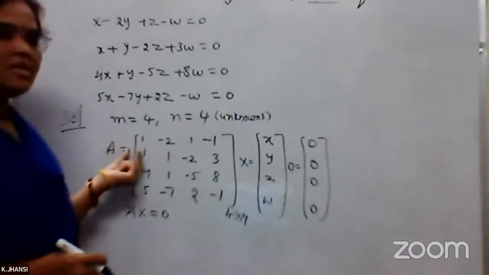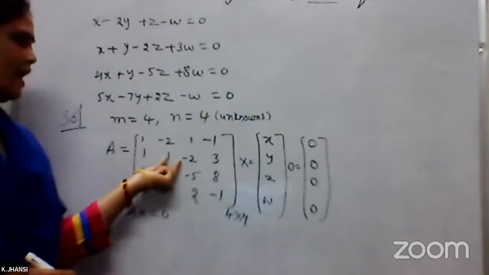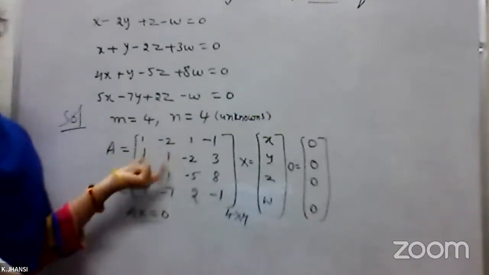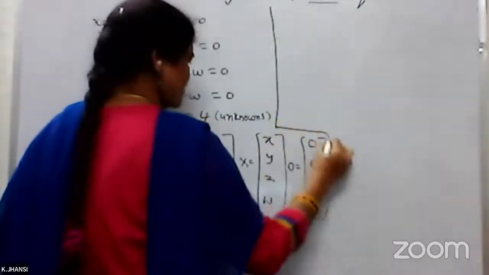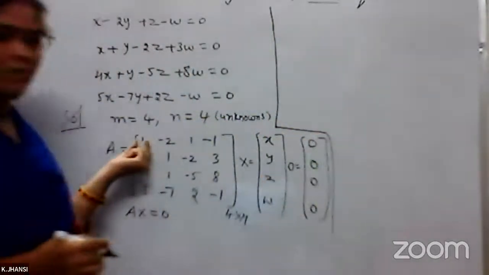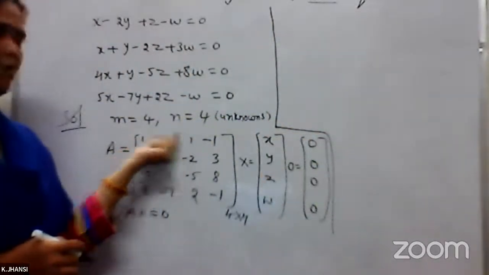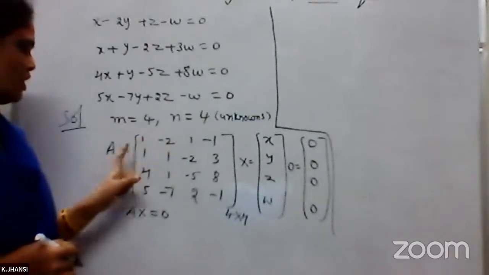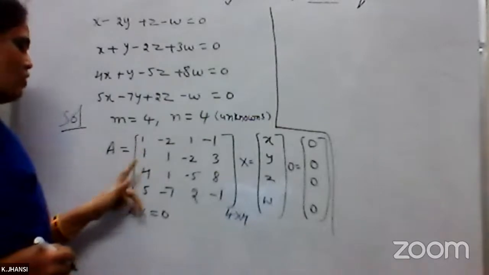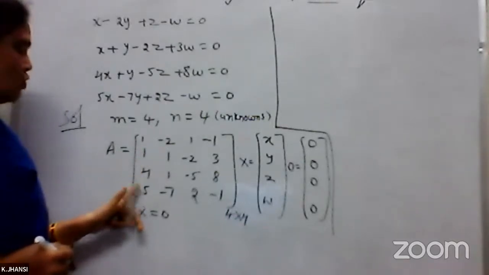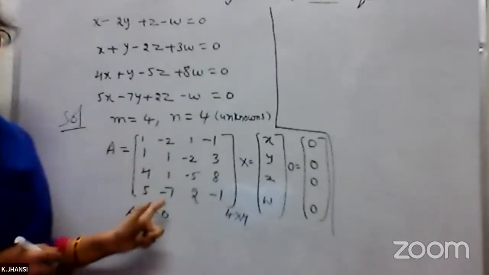So the next procedure is to reduce this matrix A to echelon form. First, in the echelon form, the first row, first column element should be 1. Already it is there in the problem, so no need of changing it. Only the second row, third row and fourth row first elements we have to make 0.